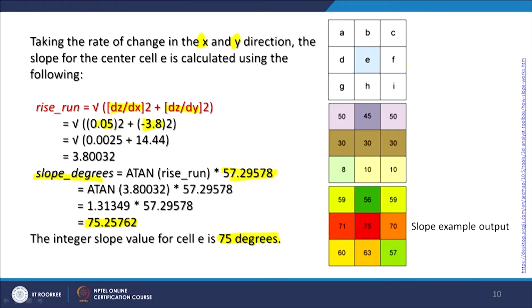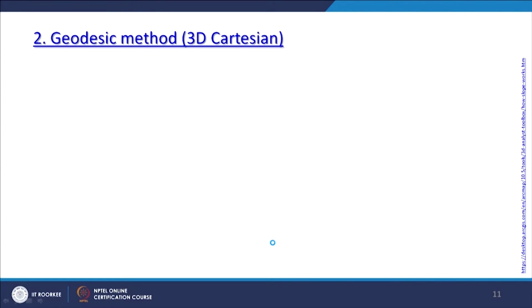We started with this center cell E, whose value was initially 30 degrees in the input digital elevation model, but through this neighborhood analysis for planar x-y direction slope calculation, we ultimately get a slope of 75 degrees for the center cell. So it is basically a neighborhood analysis.